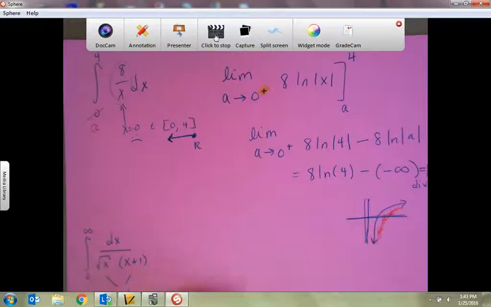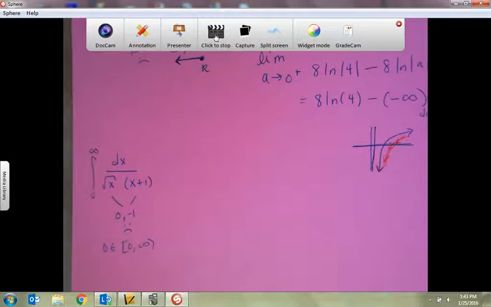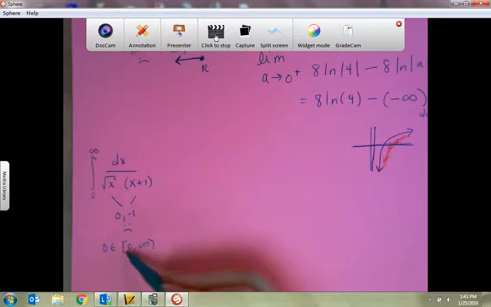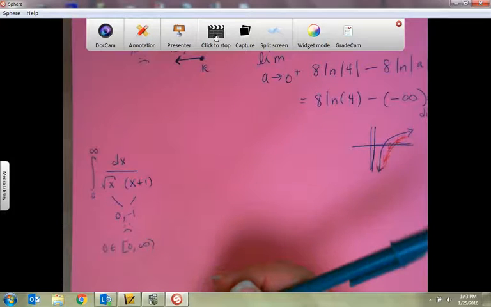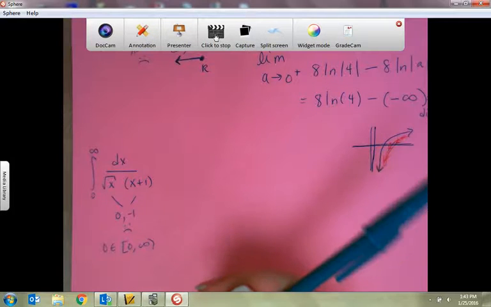Bad because of this, and this is bad because of infinity. So we need to break this apart into two separate problems. I'm going to pick 1. Again, if you wanted to pick 100, you go for it. But 1 is not bad, so it is okay to pick.